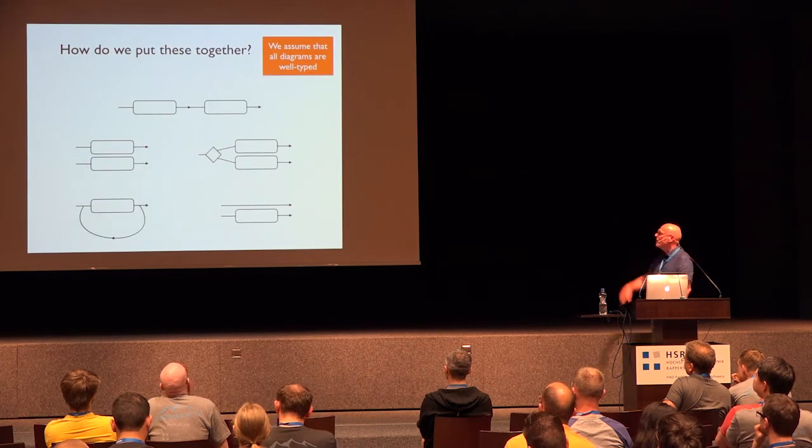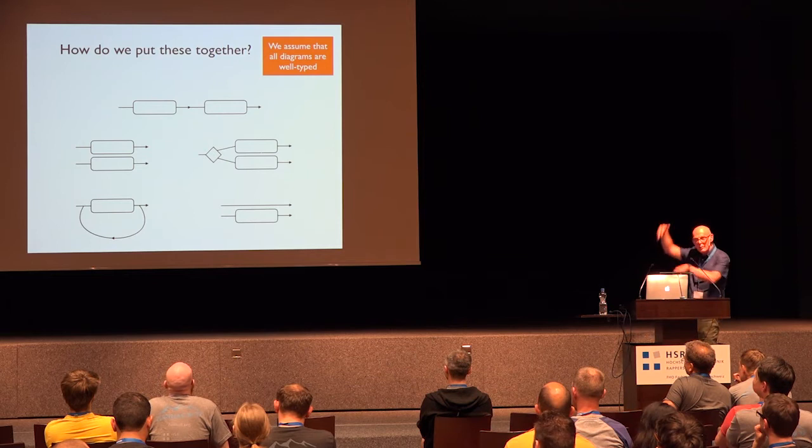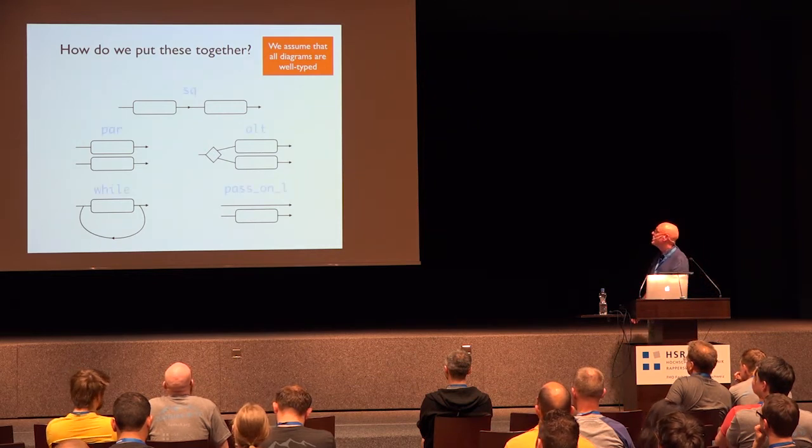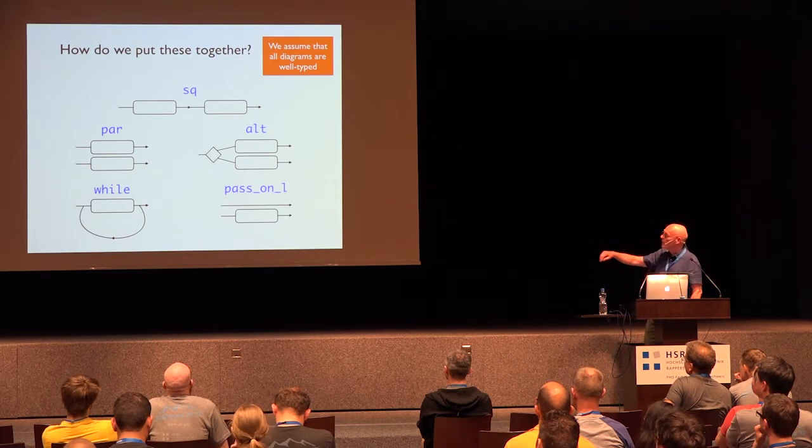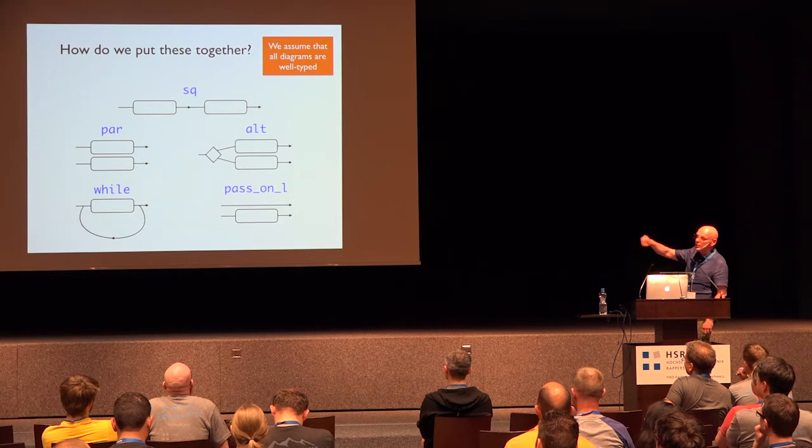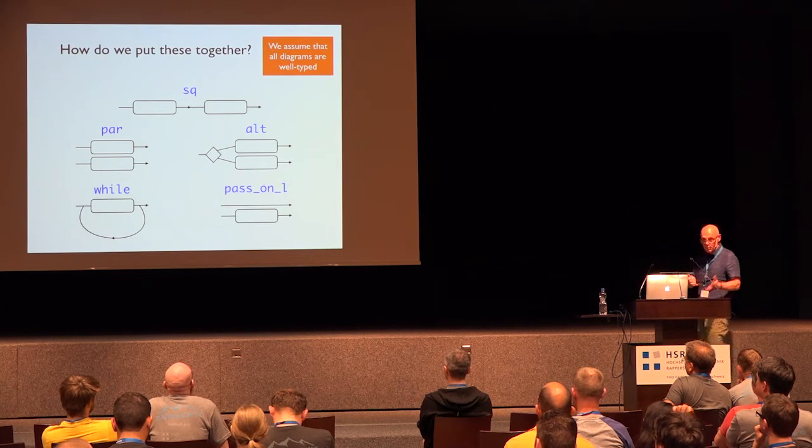And then there are various ways of putting these things together. I've omitted the up and down things; you can imagine what there is. There's a sequencing, there's a parallel combinator, well, pseudo-parallel, there's an alternative, the while, a looping combinator. And the combinators work in such a way that everything is well typed, as you'd expect.